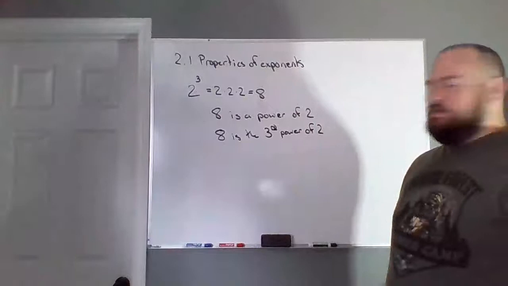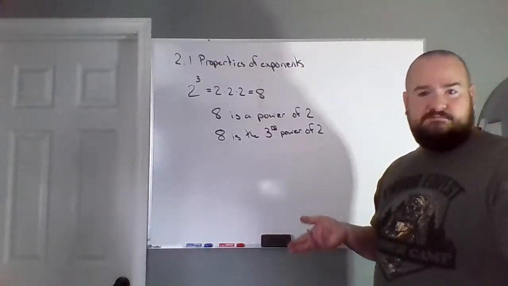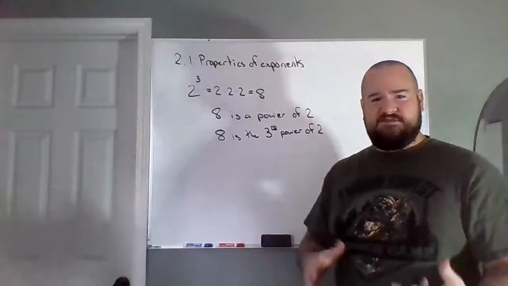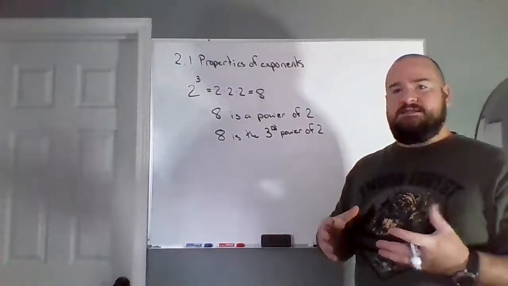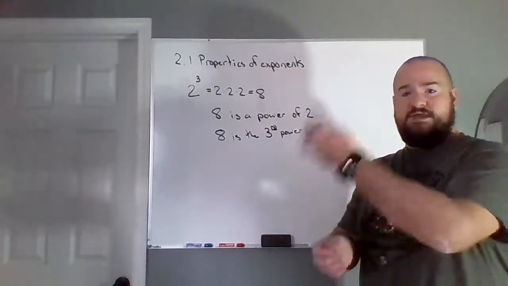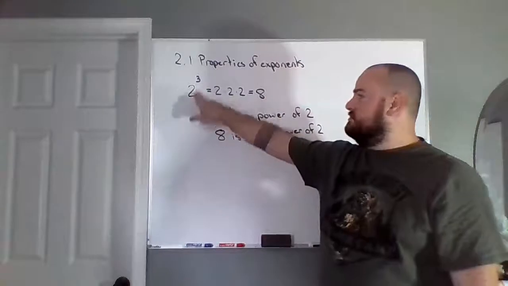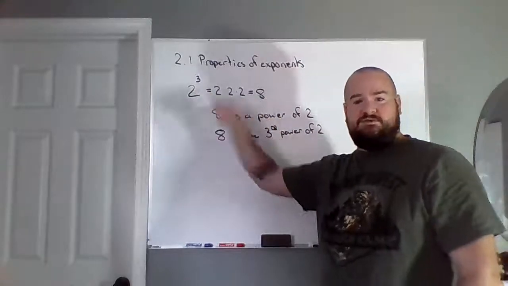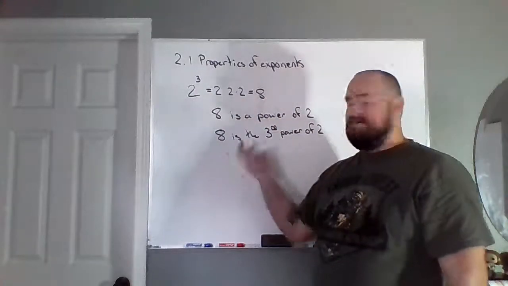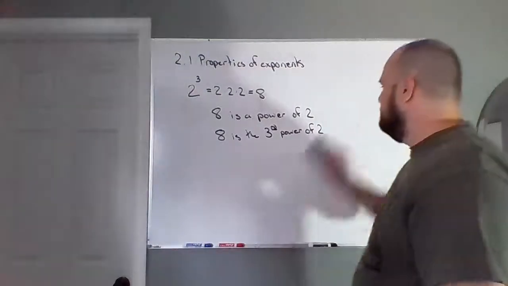So when you hear things like, is it a power of 5? So is 125 a power of 5? What they're asking is, can 125 be written as 5 raised to some power? So here, 8 can be written as 2 to the third power. In other words, these two things are equal. That means that 8 is the third power of 2, or 8 is a power of 2.